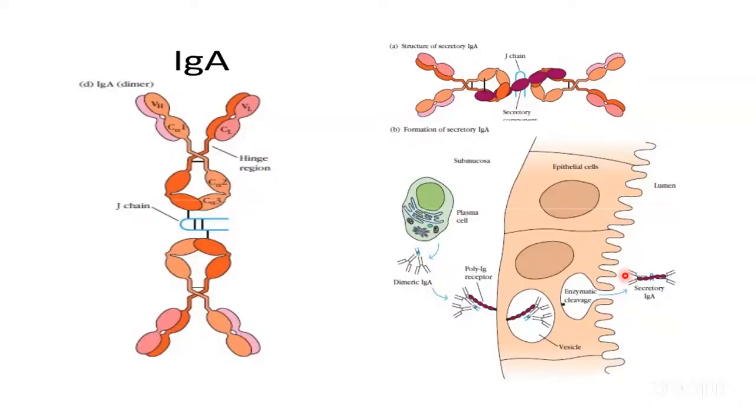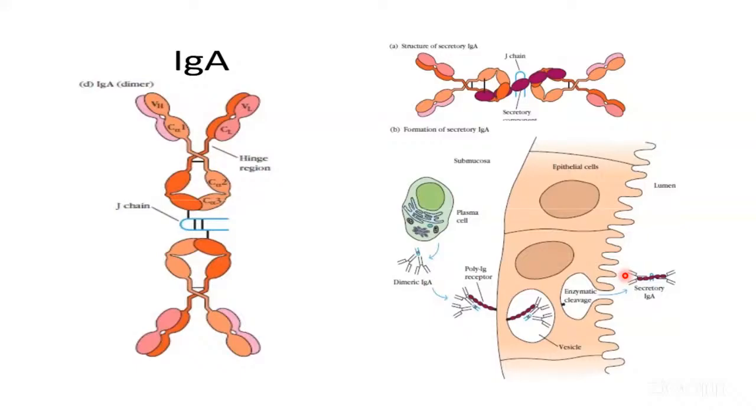for protection of these linings from all kinds of invasions by microorganisms, especially because the GIT is highly exposed, the respiratory tract is highly exposed, and even the oral tract is usually highly exposed, and even the vaginal and the anal canals, they're highly exposed.